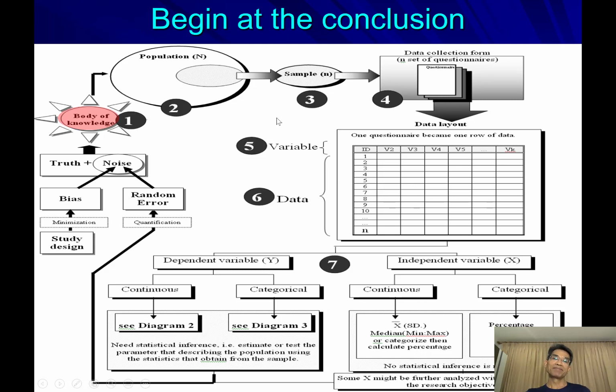So that means it's really important to understand from the beginning, which is the conclusions or the end, until the last step about the variables being collected and the type of them, so that we can know what statistical method is appropriate for this research.